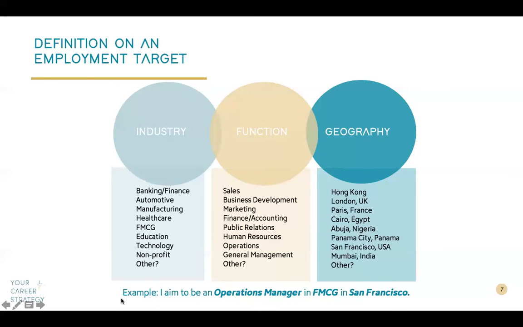But marketing is also a function within different industries, whether it's Fortune 500s, FMCG, or even higher education where I used to work. And by the way, same is for finance. Finance is both an industry and a function. So there's a lot of power in defining exactly what you mean, specifically which types of industries you would like to pursue, and then specifically within those industries, what types of functions you want to pursue. And then of course, there's the geographic piece.